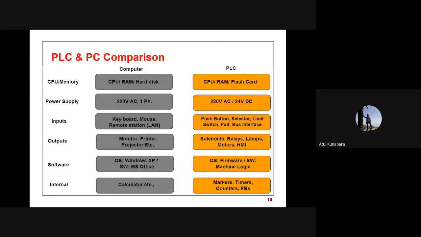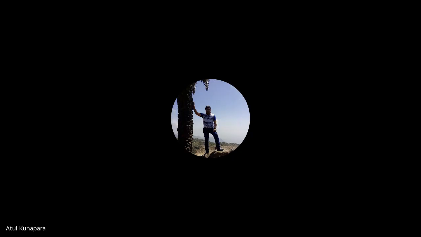As we were discussing, the main difference is in the input devices of the PLC and PC. In the case of a PC we have keyboard, mouse, remote station like LAN connection and all that. Whereas in the case of a PLC we have input devices like push buttons, selector switches, some limit switches, or some sensors like pressure sensor, temperature sensor, or some interfacing connections like bus interface and all that.